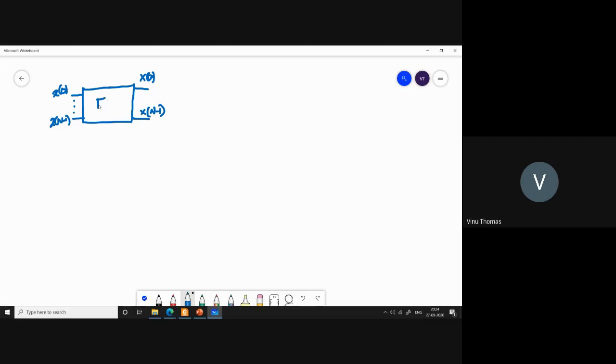So this is your FFT structure. Now you are asked to implement a structure which accepts the frequency samples, x of 0 to x of n minus 1, as the input, and produces at the output the input samples x of 0 to x of n minus 1.